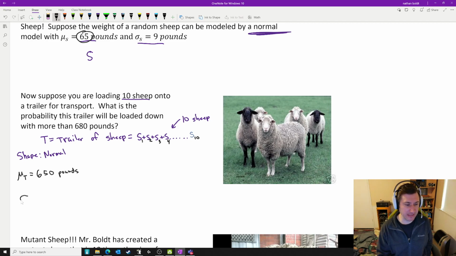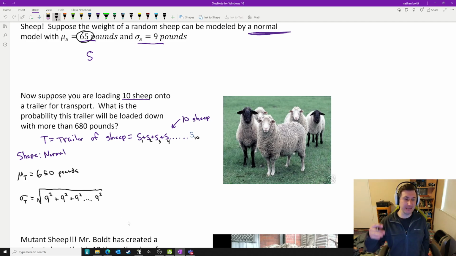The standard deviation of t is equal to the square root. All right, and I have to square and add them. So that's 9 squared plus 9 squared plus 9 squared. I have to have 10 of these in that square root.